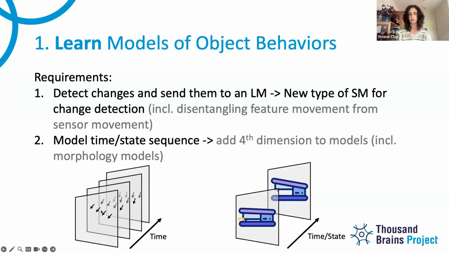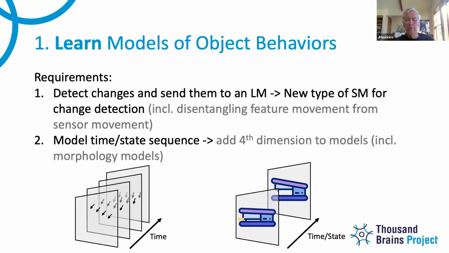In the behavior models, the fourth dimension could be time, but I would propose to add this fourth dimension to all of the learning modules, also the ones that get static feature input, so that morphology models can also represent different states of the same object. And we could model that quite explicitly right now as a fourth dimension, basically X, Y, Z, T coordinates. But I'll go into that.